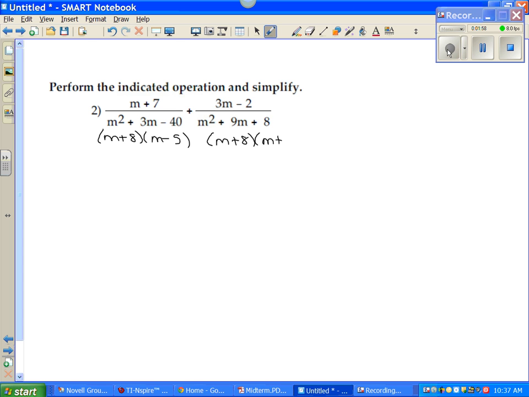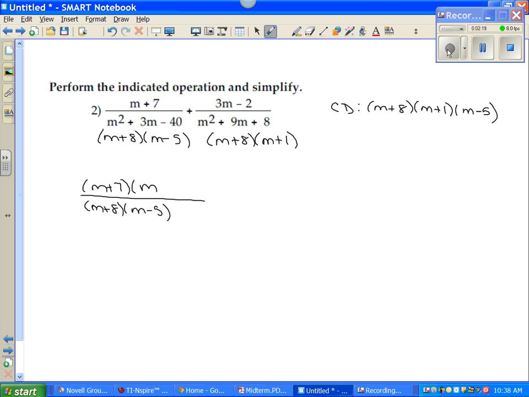Good. So what's your common denominator going to be? Okay. So what do we need to tack on to the first one? Good. So that has to also go on the numerator. We're okay with that?